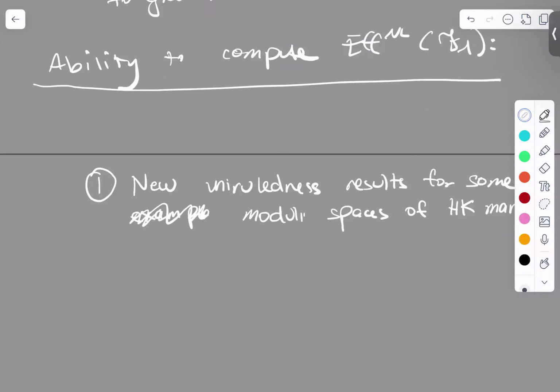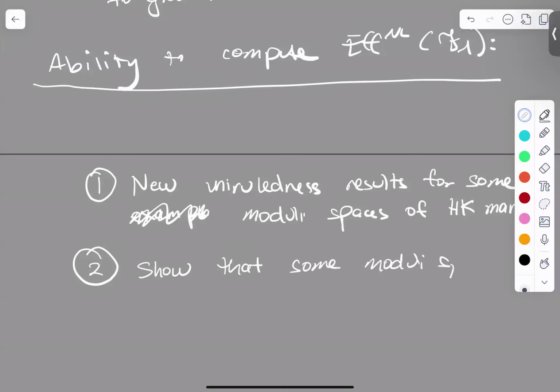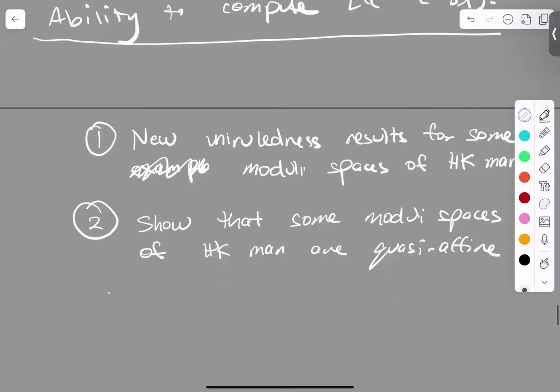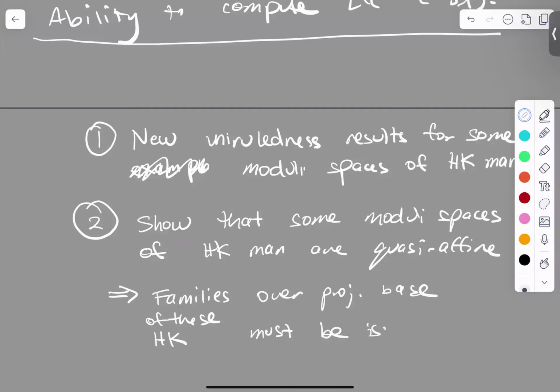And 2, we can use these again to show that some moduli spaces of hyperkähler manifolds are quasi-affine. So this means an open subset of an affine space, which in particular means that families over a projective base, families of these hyperkähler manifolds, must be isotrivial.